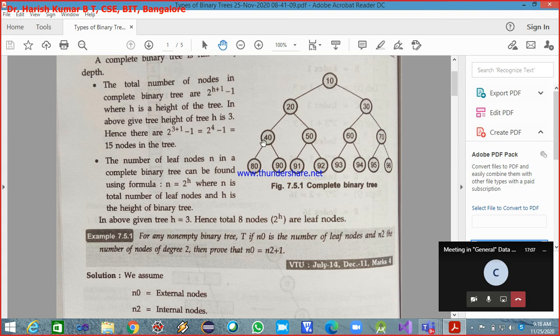For 40, there are two children, 80 and 90, and these are the links connecting 80 and 90 to this. So this has degree 2. If I take 20, what is the degree? 2. If I take 10, what is the degree? 2. If I take 30, what is the degree? 2. 60, 2. Now what I can say is, except the leaf nodes, for all other nodes the degree is 2. Following?